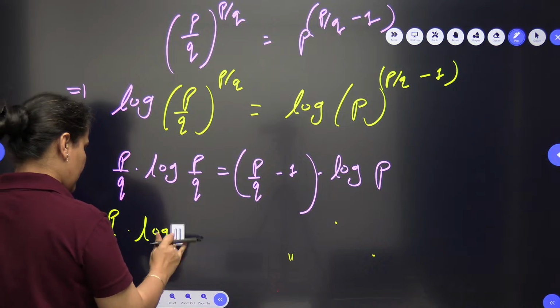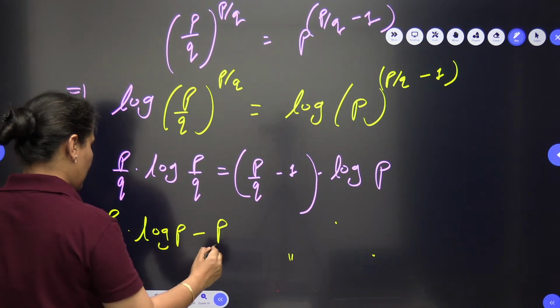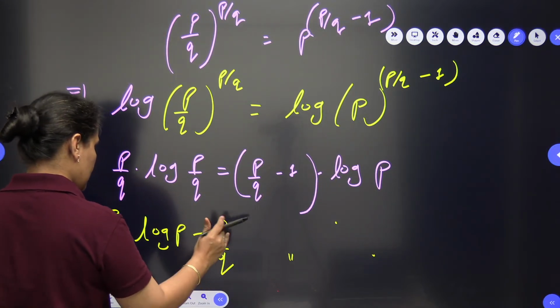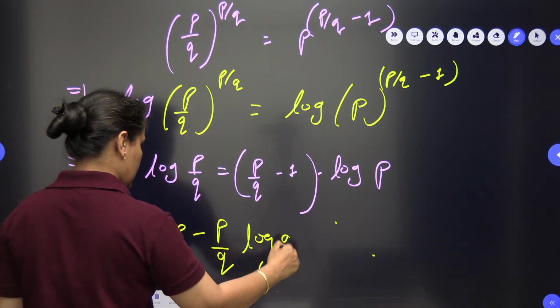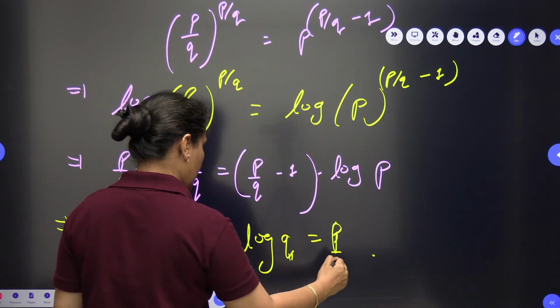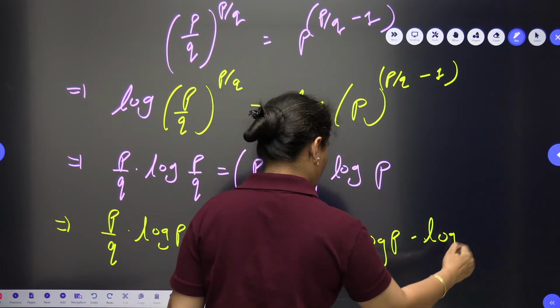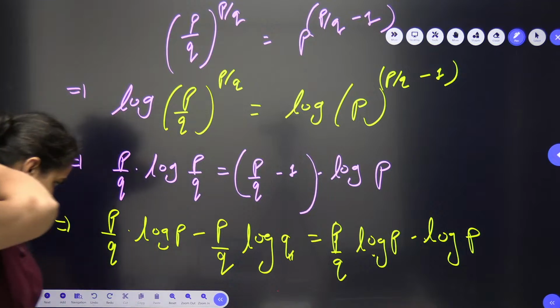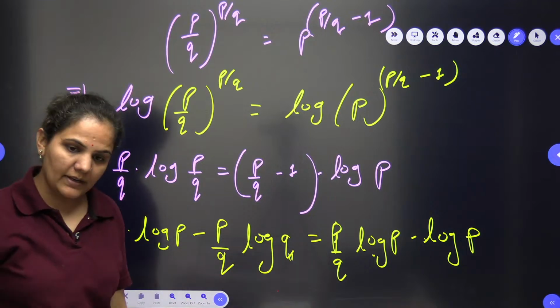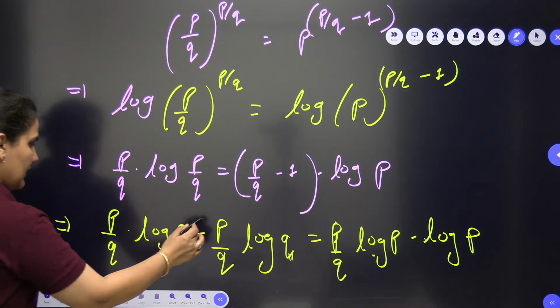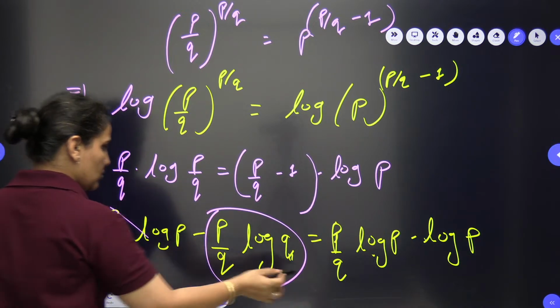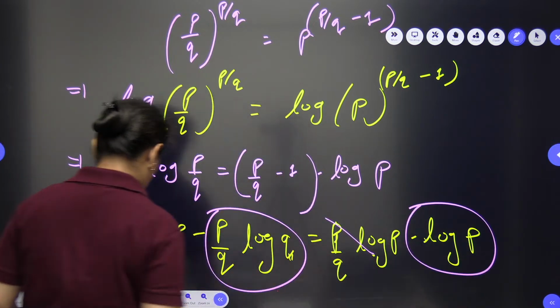Okay, in the next step, it will be P/Q log of Q equals P/Q log P minus log P. Now it will be easy. Very easily we can see P/Q log P will be gone, so we will be left with these two quantities only.